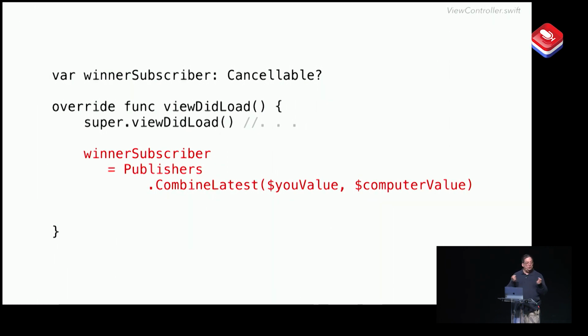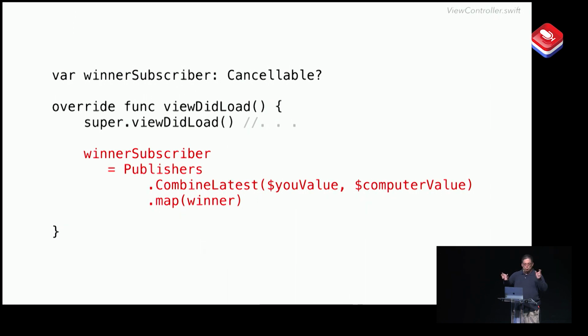Now, there are other ways to do this, but just intuitively, this was a clean way of showing you. Once I've rolled the latest U value, the latest computer value, I'm going to combine them into something. What I'm going to combine them into is a tuple, and I'm going to map that tuple into a winner.